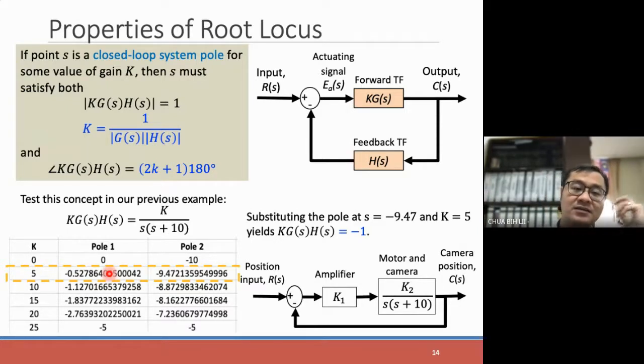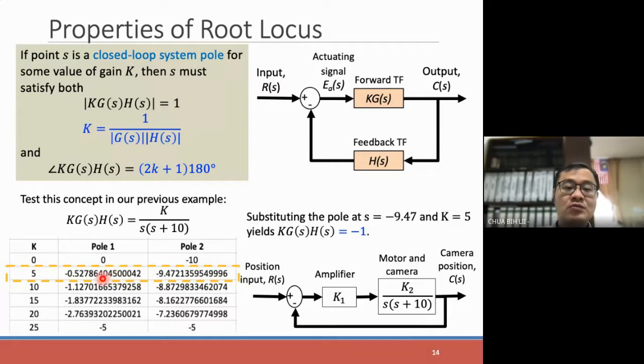This is when we solve it analytically. So how can we do this without using Excel? If we are given a random number for a pole, how are we going to test whether it is a valid root?